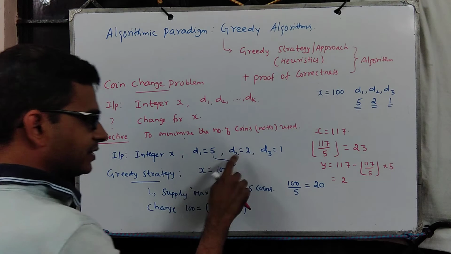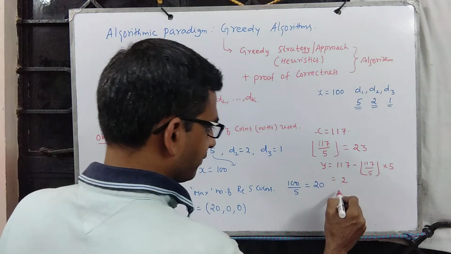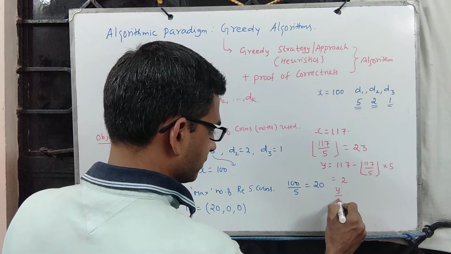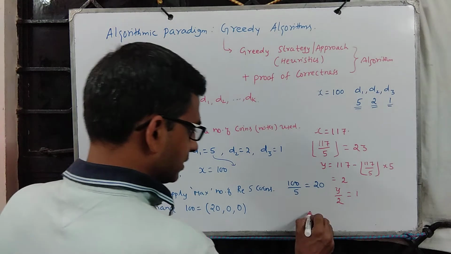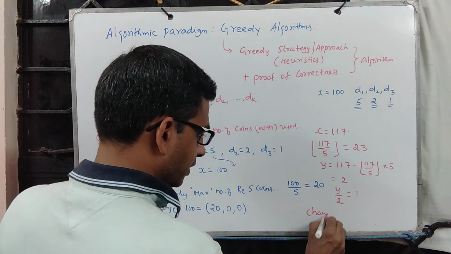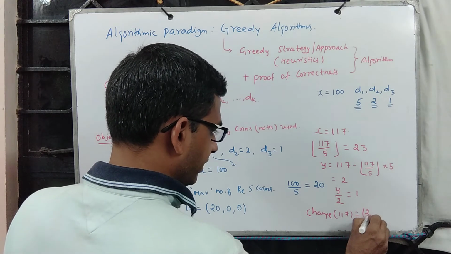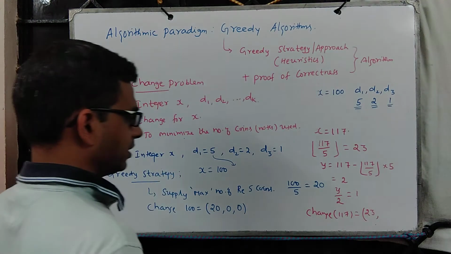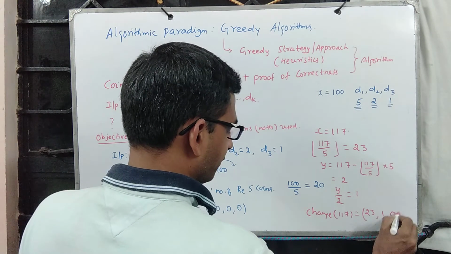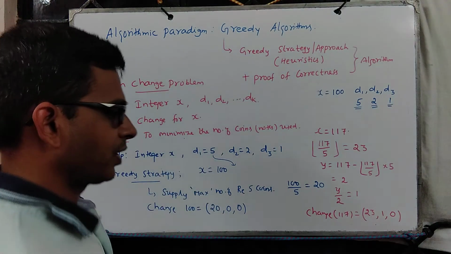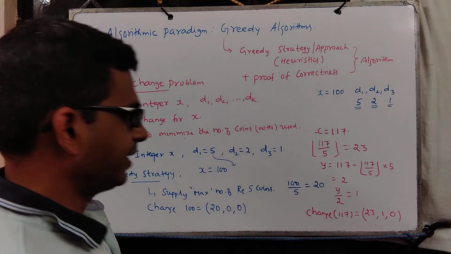Then take the next denomination and supply the maximum number of 2 rupee coins. In this case it is 1. So the change for 117 is 23 5 rupee coins and 1 2 rupee coin, 0 1 rupee coins. That's precisely the idea.